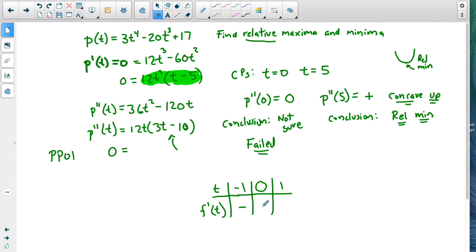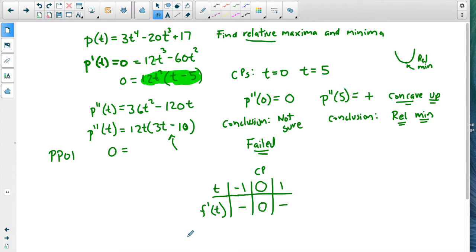When I plug in 0, of course, I get 0, because that was the whole point of it. That's how we knew it was a CP. We're testing a CP. And when I plug in 1, I also get negative. So 1 minus 5 is negative 4 times 12. It's also a negative number.